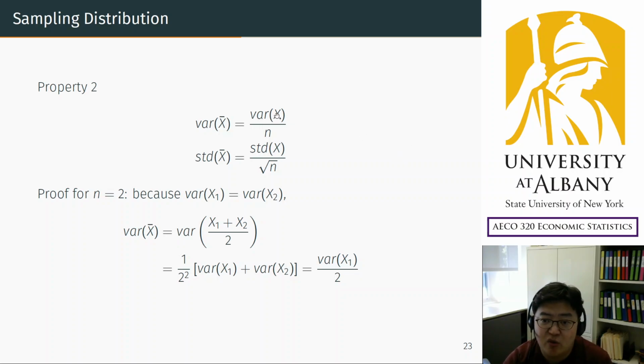This is the case when you observe only a single outcome, one dice, and then if you throw two dice, then the variance will become 1 over 2. And if you throw 100 dice, for example, then the average's variance equals the original variance divided by 100.